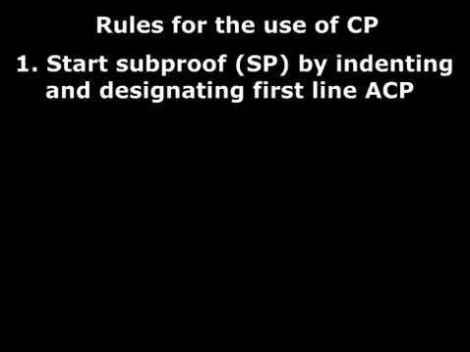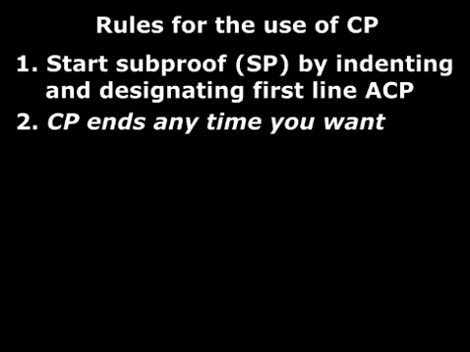Number 1, you always start your subproof by indenting and putting the little arrow, and your justification for that first line, your assumption, is ACP, assumption for conditional proof. So that's how you start it. The conditional proof ends any time you want it to end. Now why do I say that?